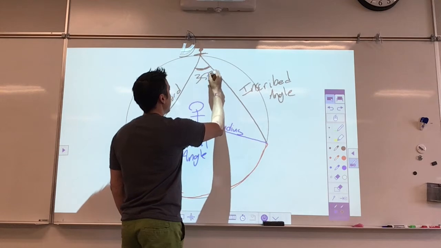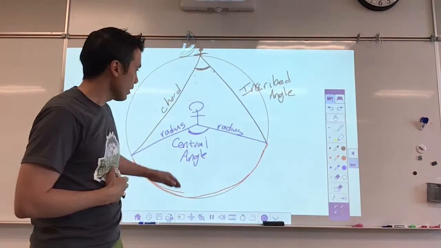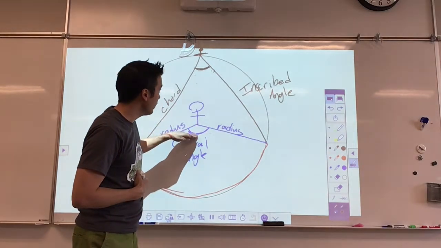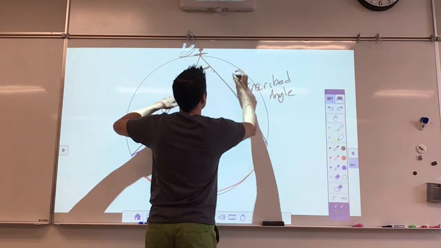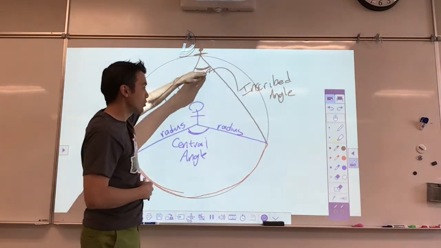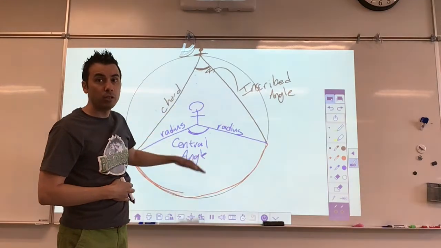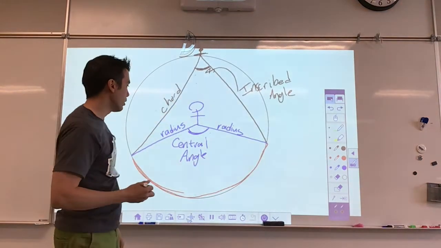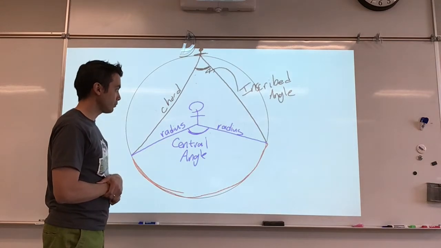That was a very poor choice of numbers, but hopefully you get the idea that the central angle is double the inscribed, and the inscribed oppositely is half of the central, whatever way you want to think about it. That is the main idea.